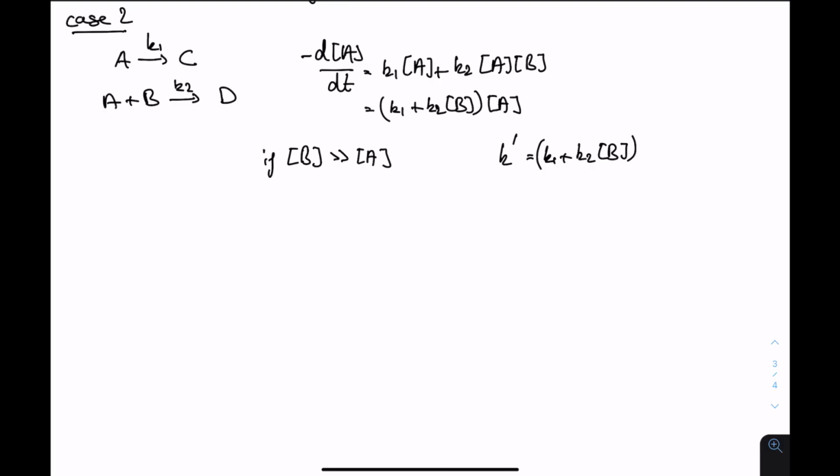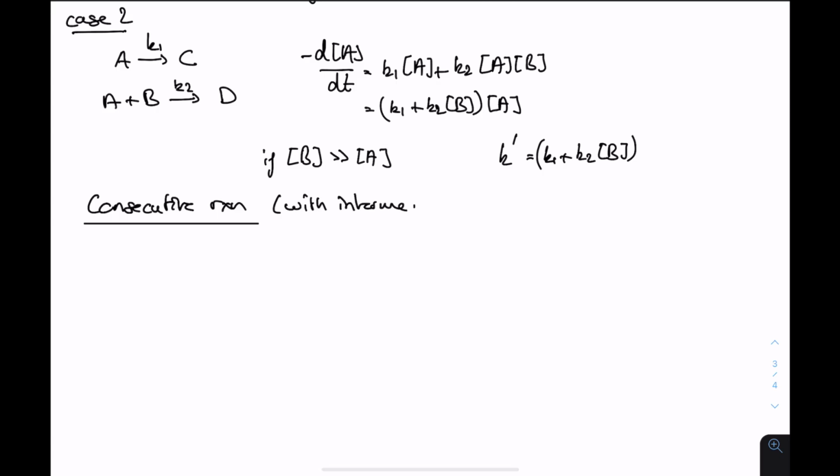So we again have a consecutive reaction, and we have an intermediate I. Okay, so we have A that goes to the intermediate, which continues to the product.